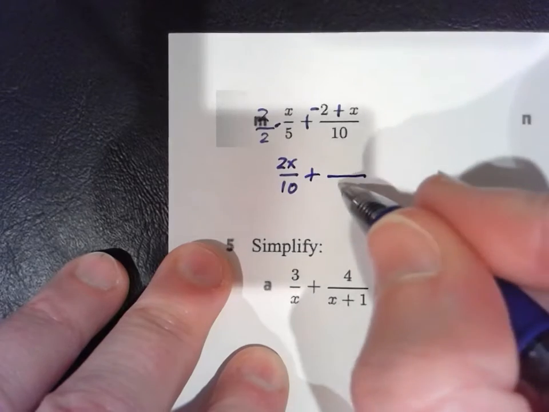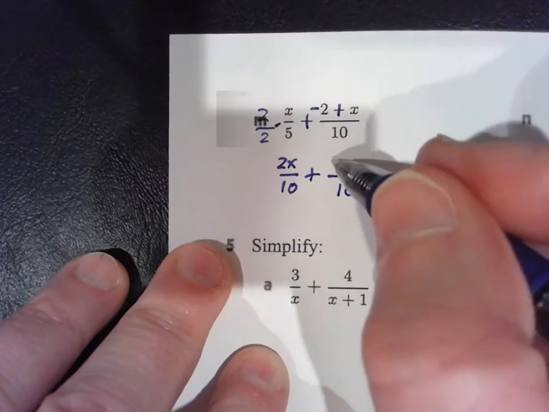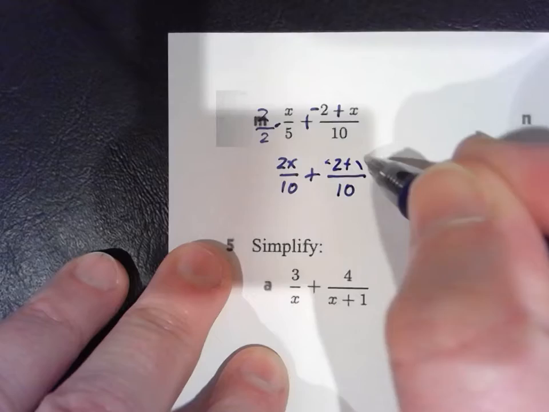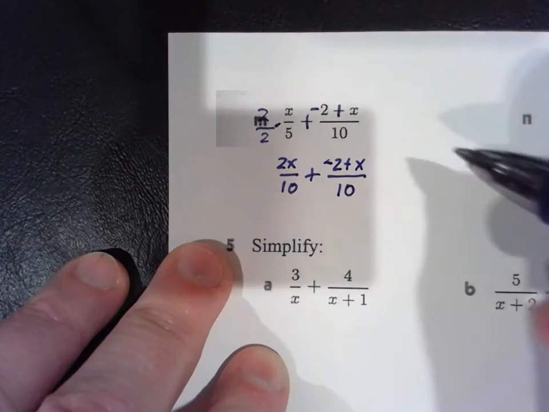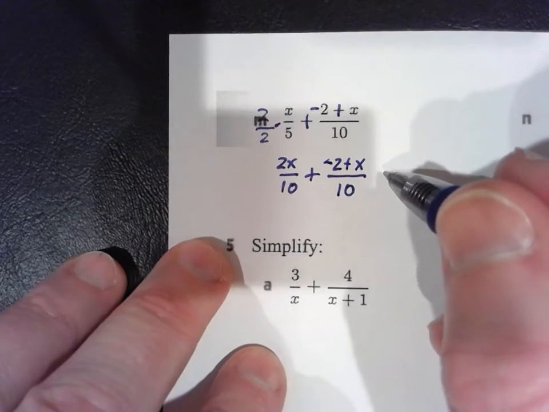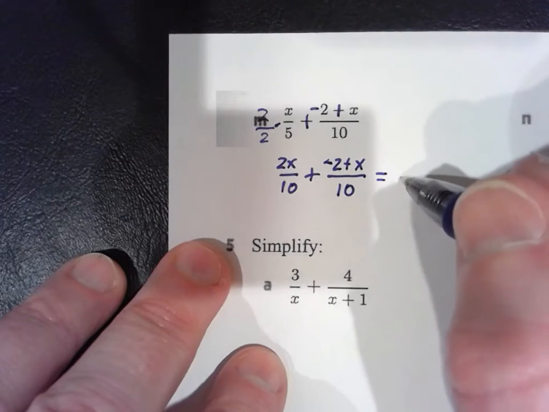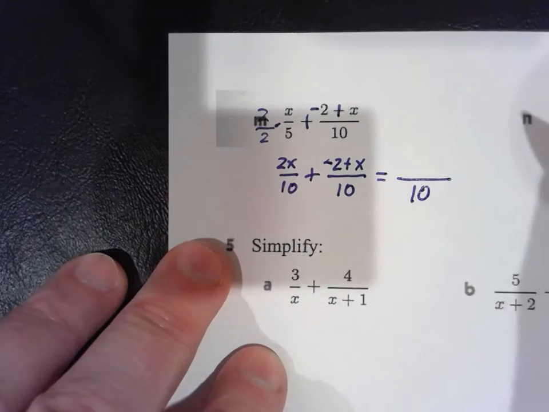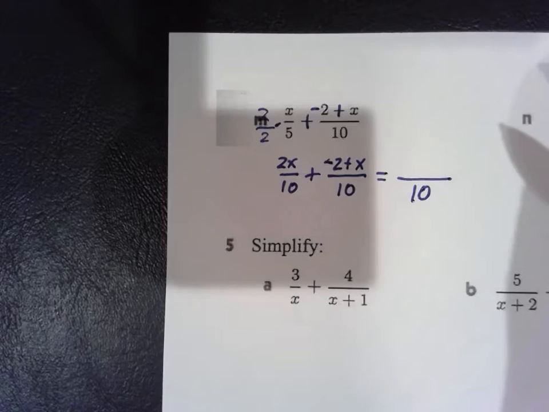The second fraction already has 10, so I can just copy down the -2 plus x as the numerator. When you add fractions, the denominator stays the same, and we just add the two numerators together.